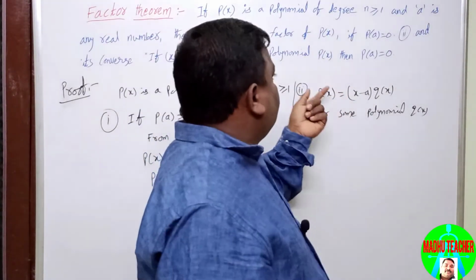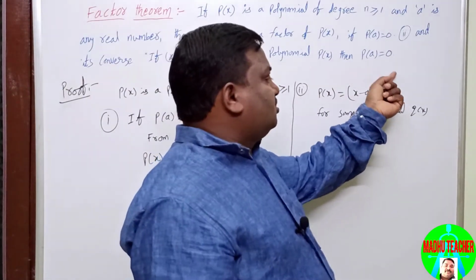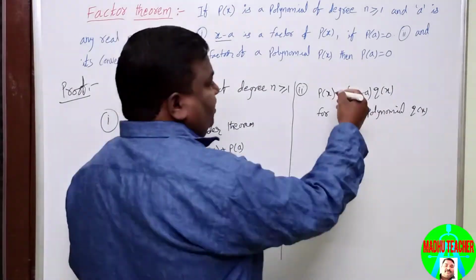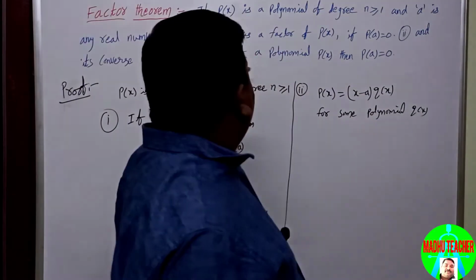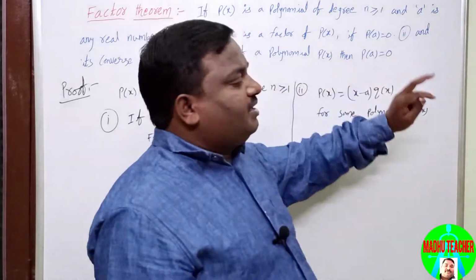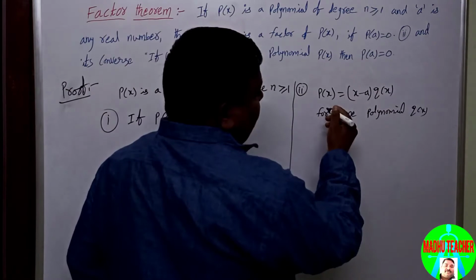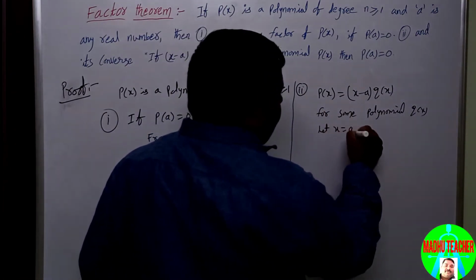p of x equal to x minus a into something, since it is a factor. Let it be a polynomial q of x. So here, what you have to prove? It is a factor, then p of a equal to 0. That means let x equal to a.